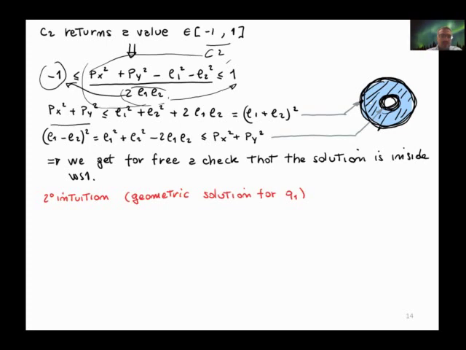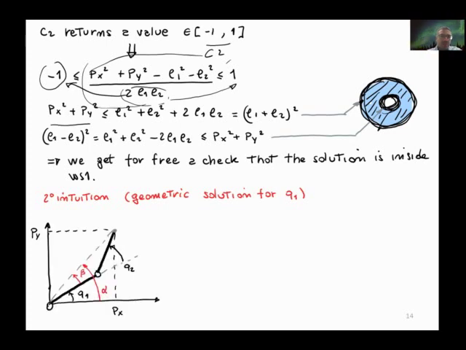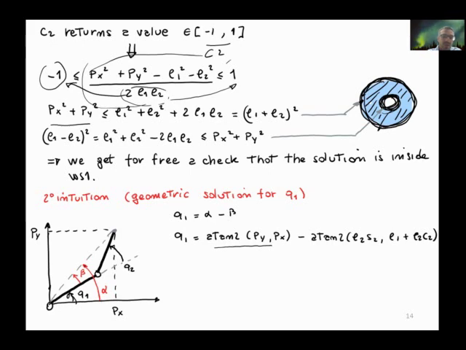Then we can use a second intuition, for example, for the computation of the Q1 variable. We can consider Q1 as the difference of two angles, alpha minus beta. In this case, we compute with the atan2 function.